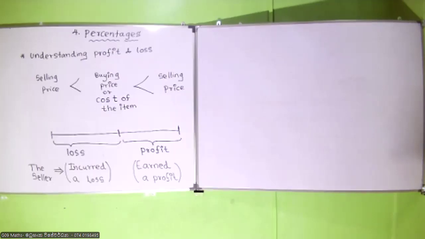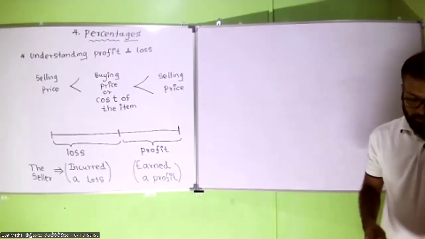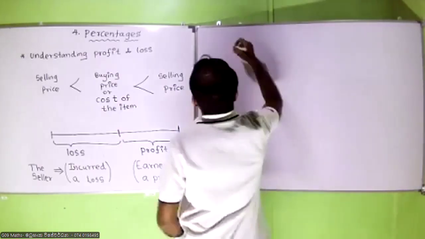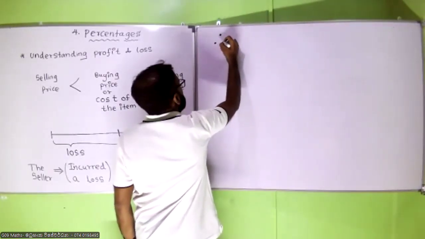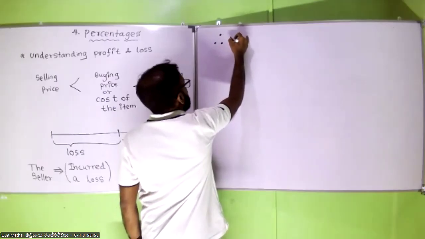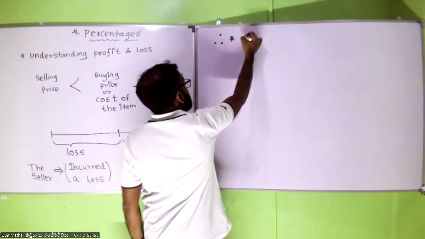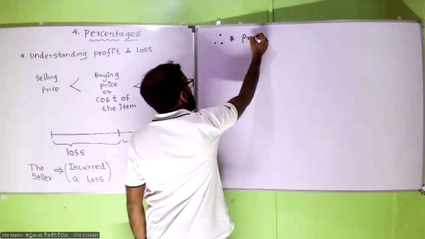So done writing? Super. Now you can write how we are going to calculate the profit. First point, profit can be calculated.